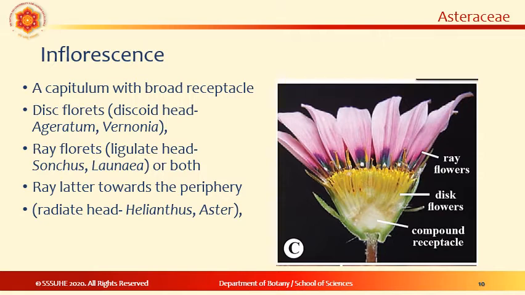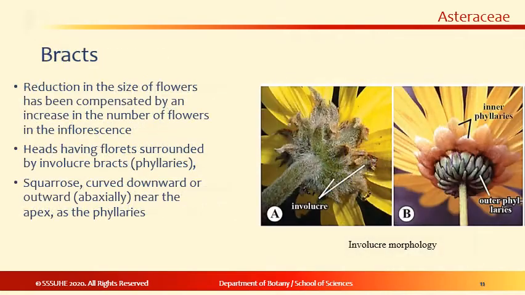The collective name is the phyllaries. Phyllaries is the collective term for the involucre. The picture shows the compound receptacle, the bracts, the disc flowers in the center, and the ray flowers at the periphery.